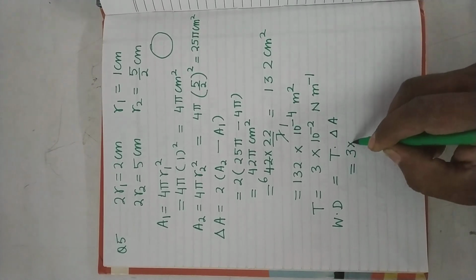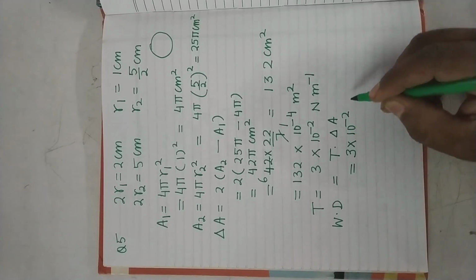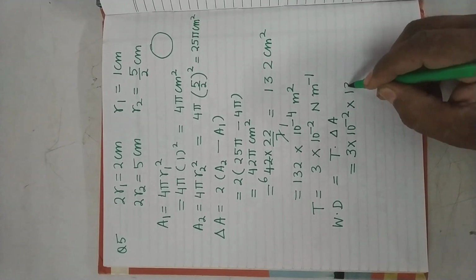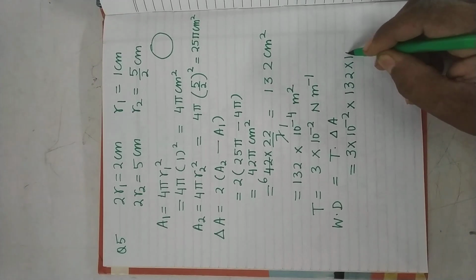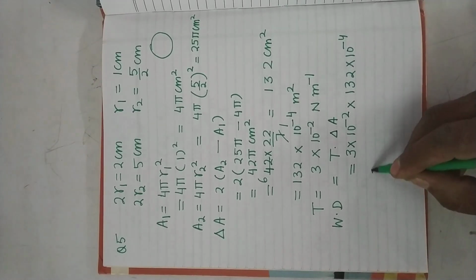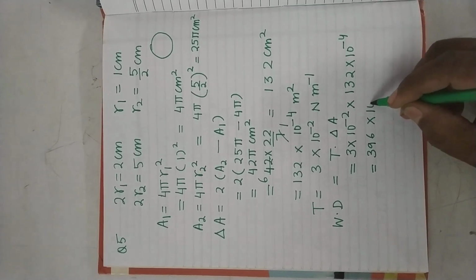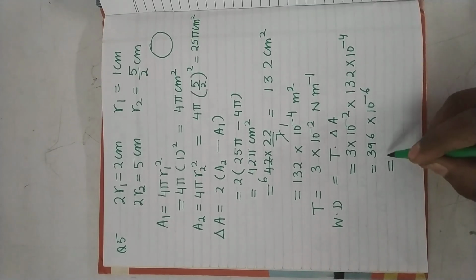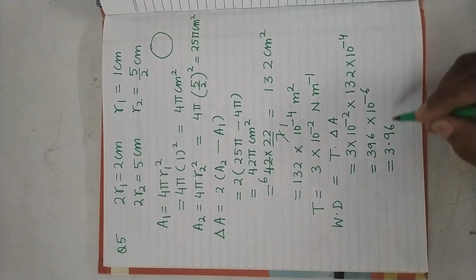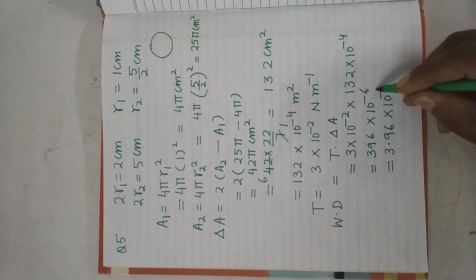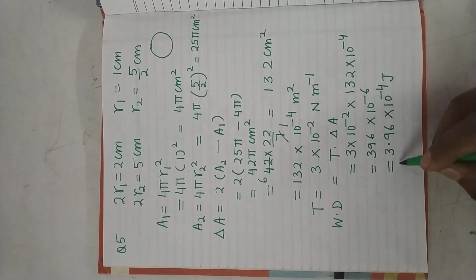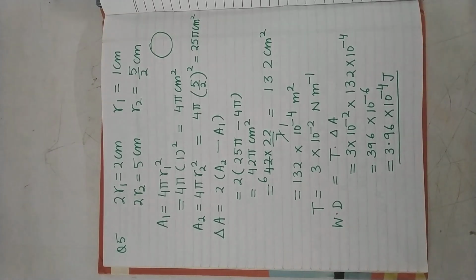So this is 3 into 10 to the power minus 2. Delta A is 132 into 10 to the power minus 4. So it will be equal to 396 into 10 to the power minus 6, that is 3.96 into 10 to the power minus 4 joule. This will be the work done.